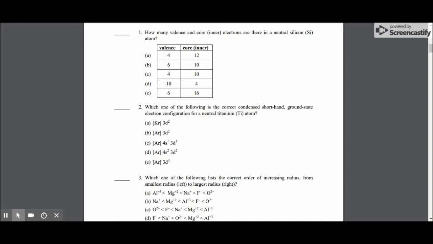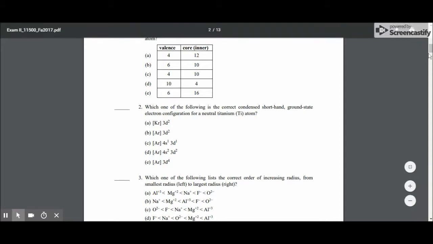Between B and D, I would go with B because 3 don't have the 4S, although D also makes a lot of sense. The correct answer for this one is D, but this does demonstrate that you will need to study for your test. You can't just use this strategy the whole way through.